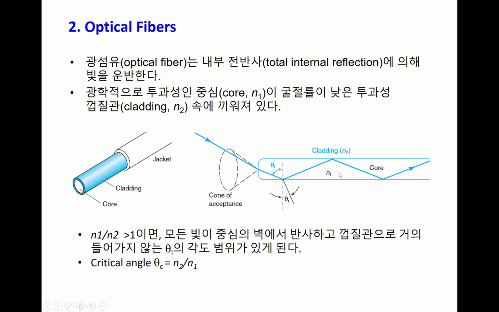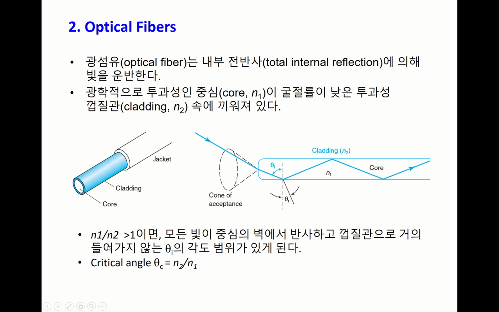N1 is the refractive index of the core, and N2 is the refractive index of the cladding. The incident angle with respect to the surface normal is theta I, and this one is the refractive angle theta r.